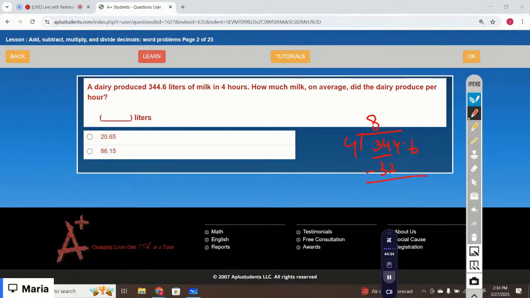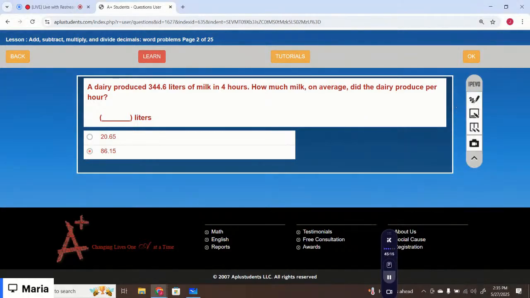So 34 minus 32 is 2, we need to bring 4 down. 4 times 6 is 24. 4 times 1 is 4. 4 times 5 is 20. That is 86.15. Option number 2 will be the correct option. That is 86.